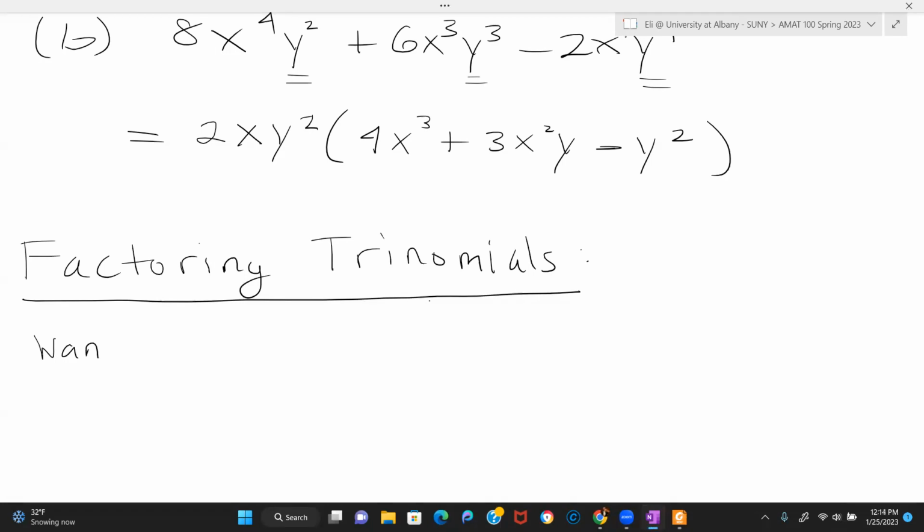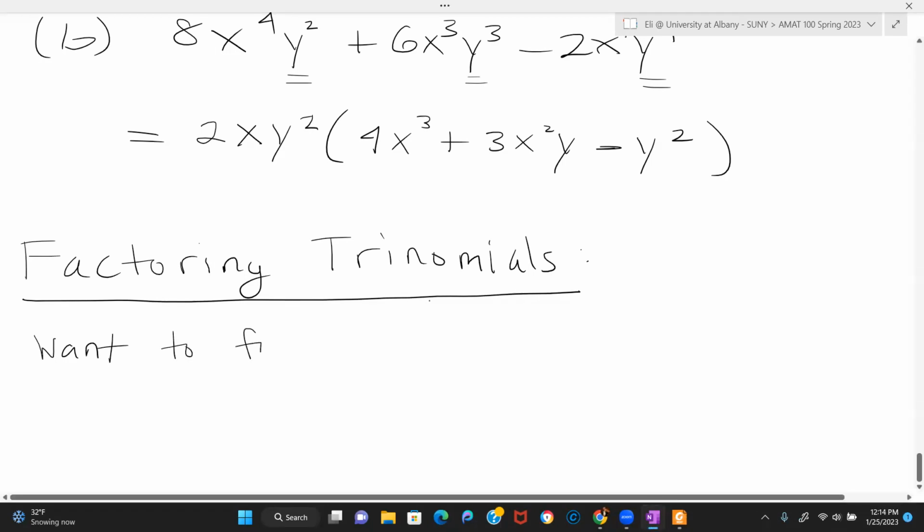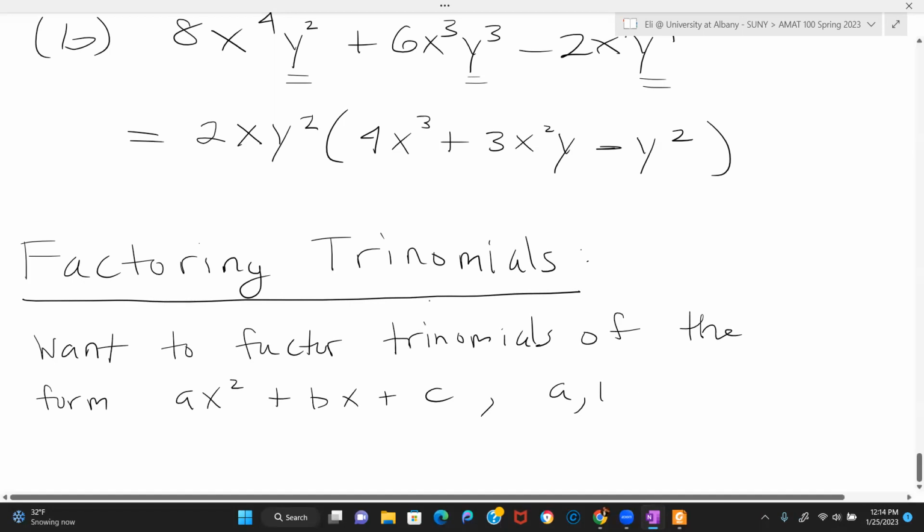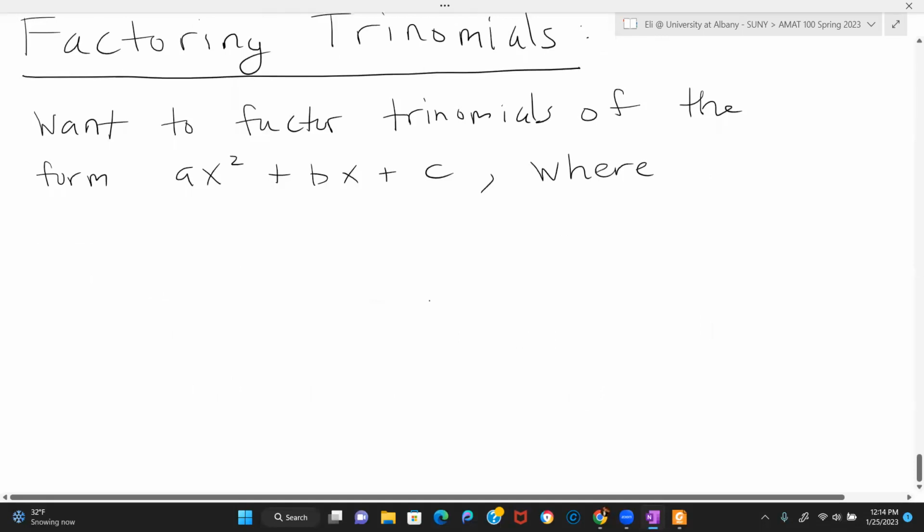What we want to do in this subsection is factor trinomials of the form ax squared plus bx plus c, where generally a, b, and c are integers.